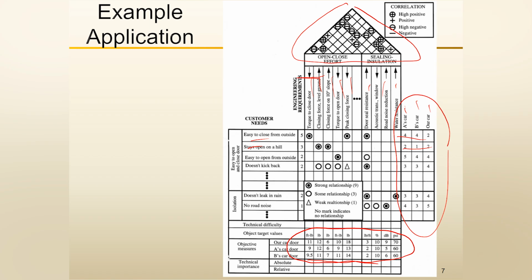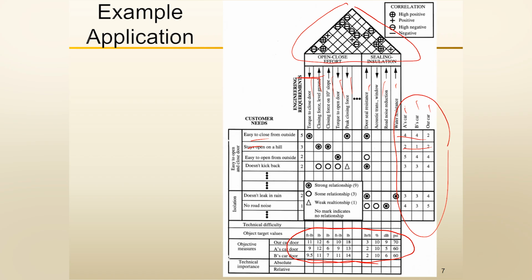And this is important because in many cases you have to do trade-offs to try to get the optimal performance out of a product. We're also going to use this information later on in concept generation. I'll present a concept generation technique that is specifically targeted at addressing conflicts among performance metrics. And so we'll see that meshes well with the House of Quality.